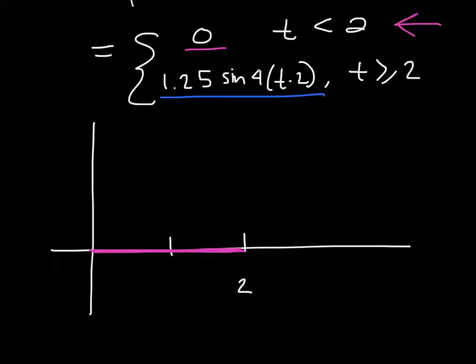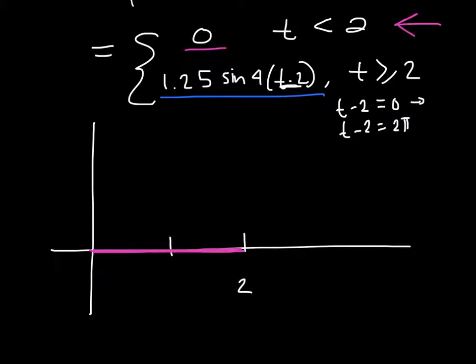The 4 is just going to be a vertical stretch. Our amplitude is 1.25, and of course our shift. And our period is a nice little review of trig. You take whatever's inside and set it equal to 0, and then also equal to 2 pi, because the general period of sine of x is 0 to 2 pi.